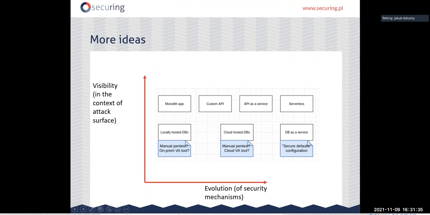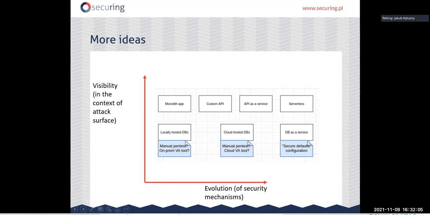Then cloud-hosted databases, probably cloud VA tools are better automatized. So the VA tools that you can apply to the cloud have better visibility, because for example, in a particular cloud system, you can easily list all of the assets in this organization, right?